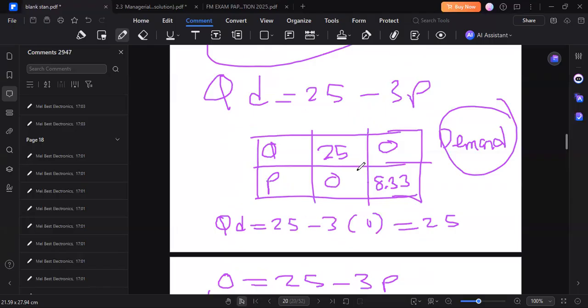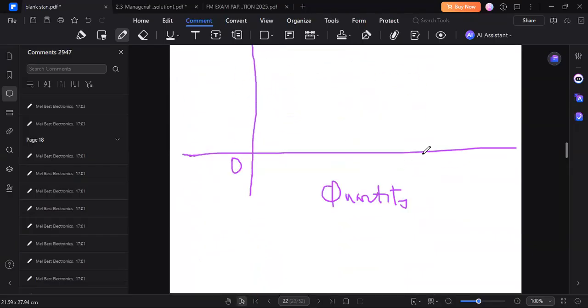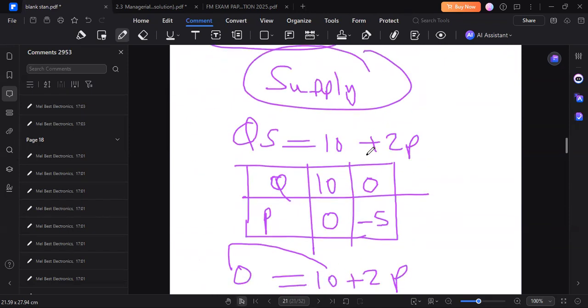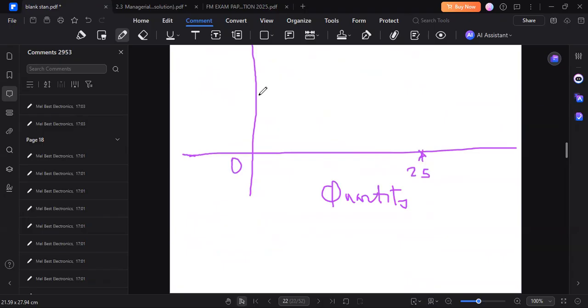Now this is (25, 0) instead. So 25, 0 will be here, and what else? (0, 8.33). So we can estimate (0, 8.33). We are going to have that.